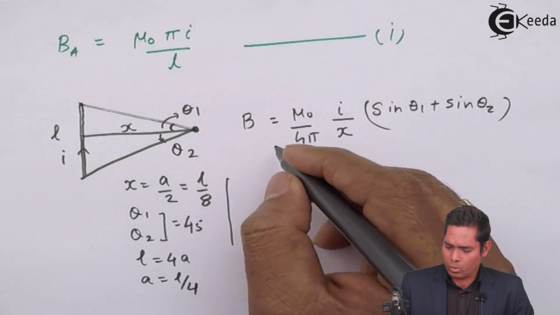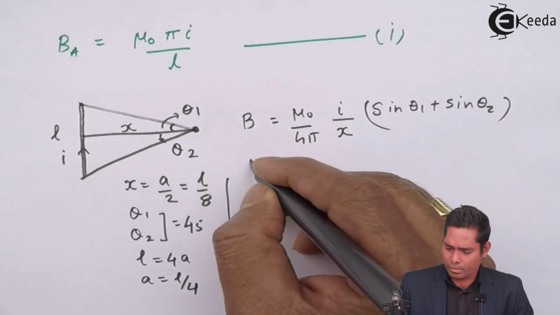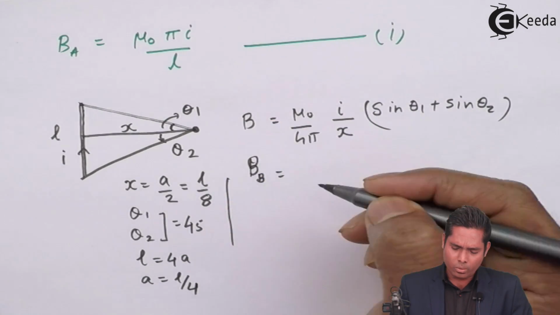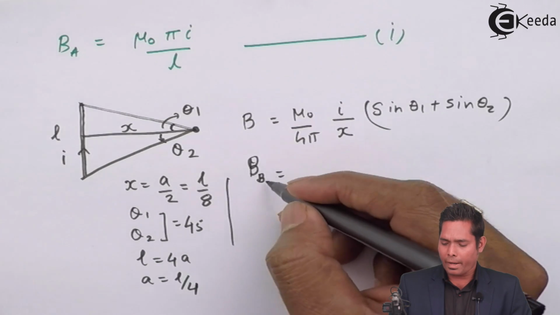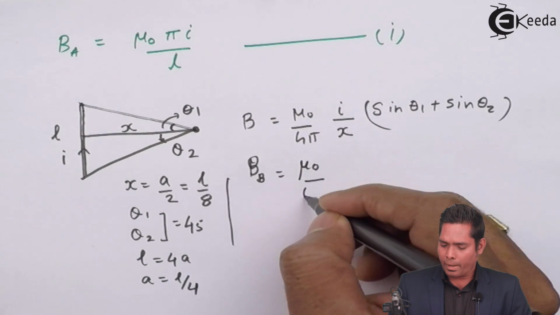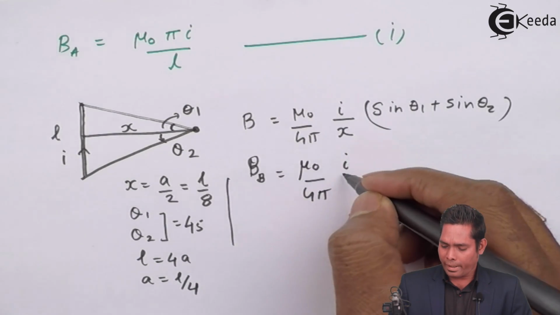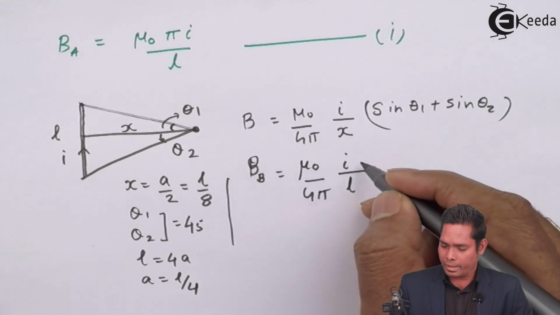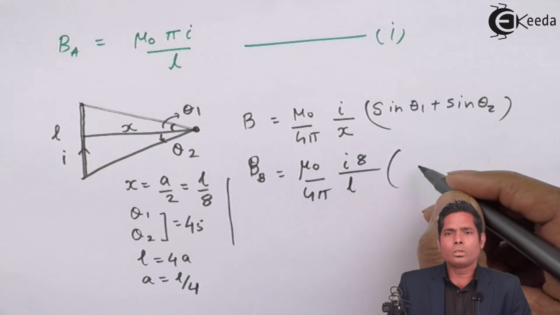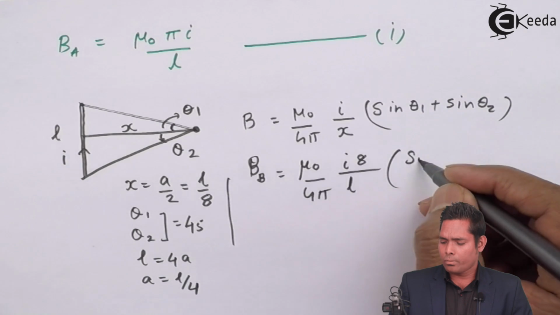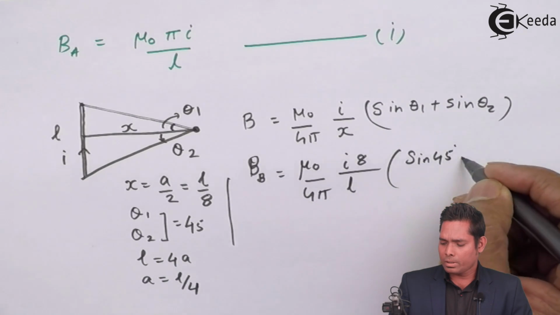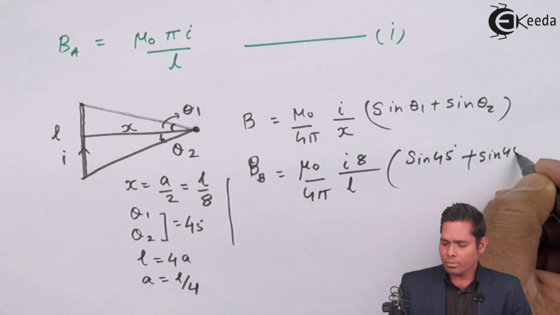Now I'll substitute the value. The magnetic field at BB, BB means for B wire, will be equal to mu naught upon 4 pi I upon x, x is L over 8, sine of 45 degree plus sine of 45 degree.